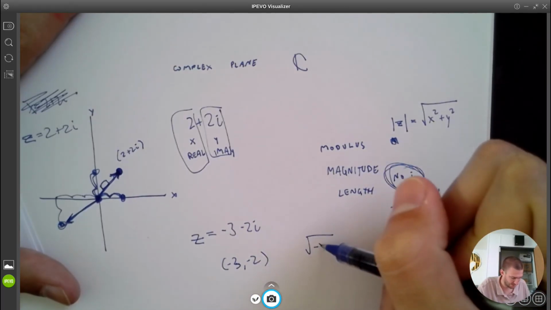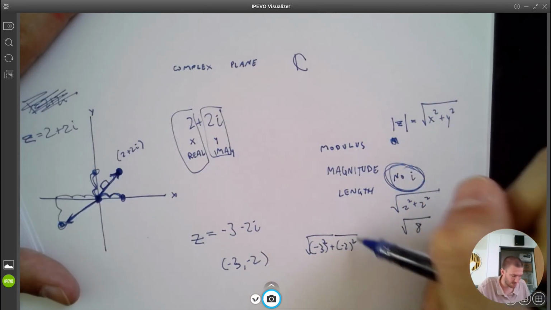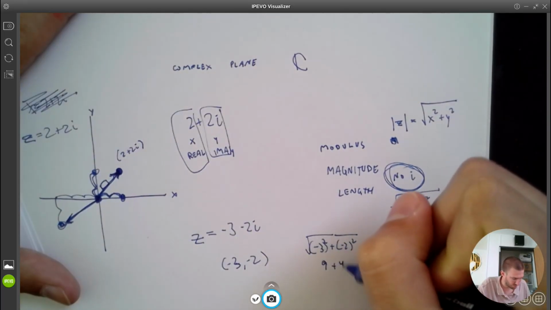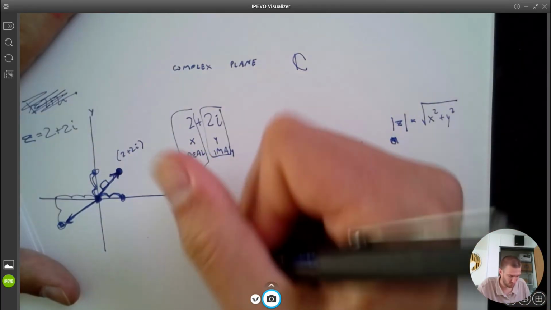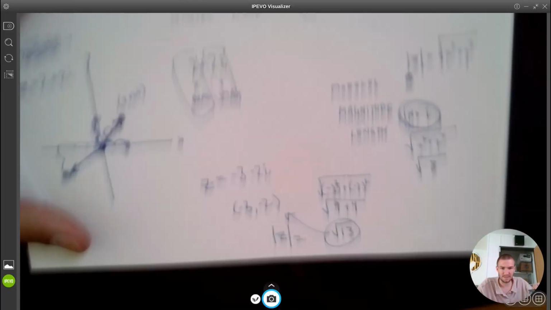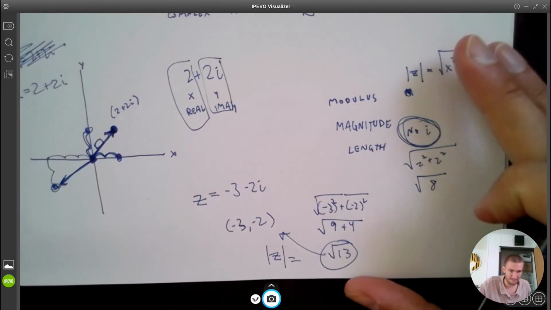It just looks like -3 squared plus -2 squared. Remember, no i's. That's 9 plus 4. That's the square root 13. So I could say modulus z is square root 13, which pretty much just means the magnitude of z is the square root of 13.